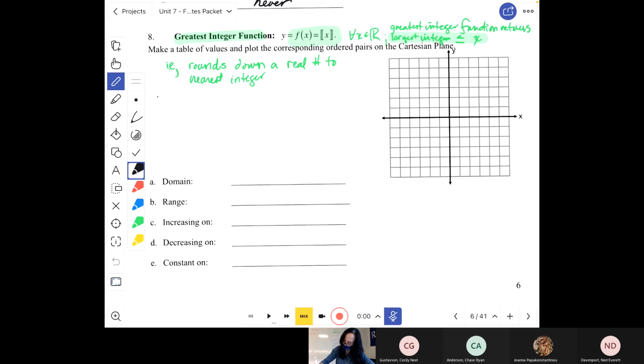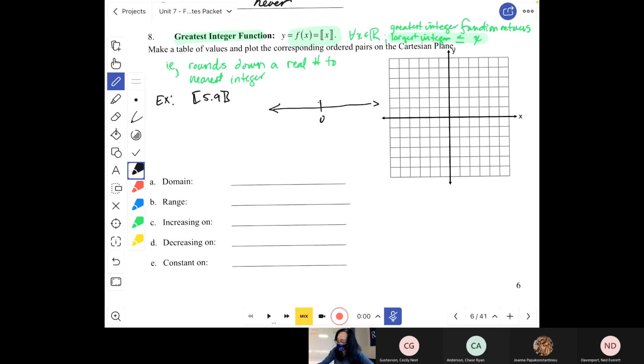So let's look at some examples. I like to think of it on the number line. For each of the numbers, I'm going to look at it on the number line because I think that will help you understand what the greatest integer function does. It's saying take 5.9 and round it down to the nearest integer.